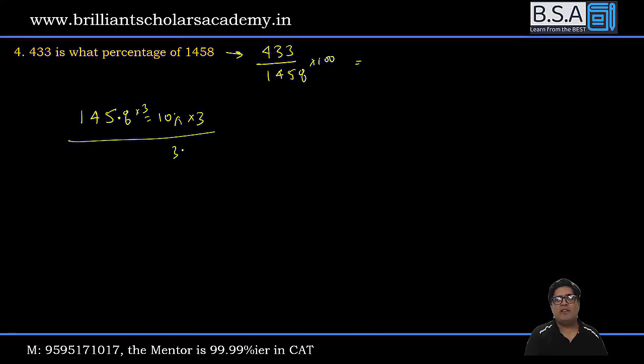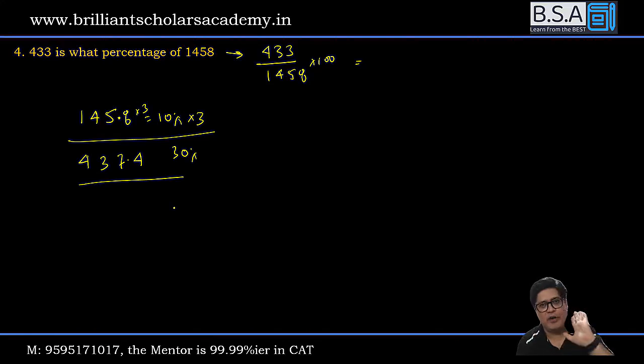So what you have is 30%. 3 times of it: 24, 2 carried over, 15 and 2 is 17, carried over 1, 12 and 1 is 13, carried over 1, 437. So 30% is 437.4. I need to bring it below. I need to bring down the number. How much below? I need to bring down 4.4. Why? When you subtract 4.4, you have the numerator.